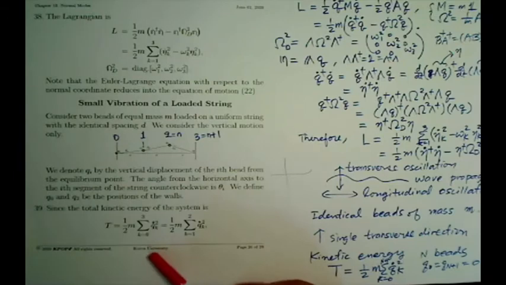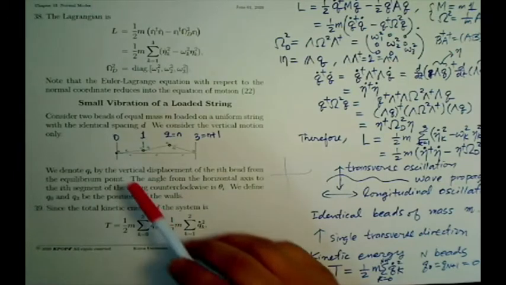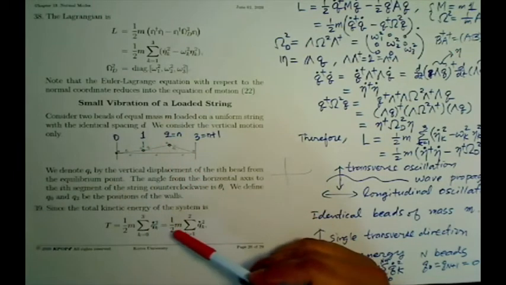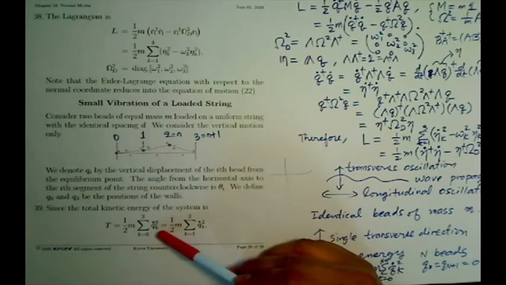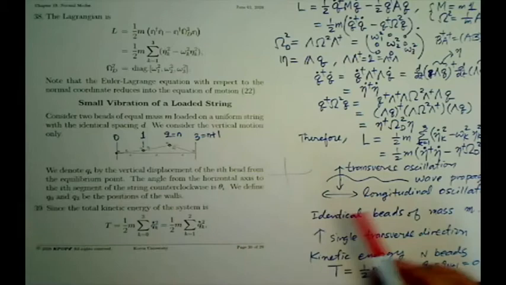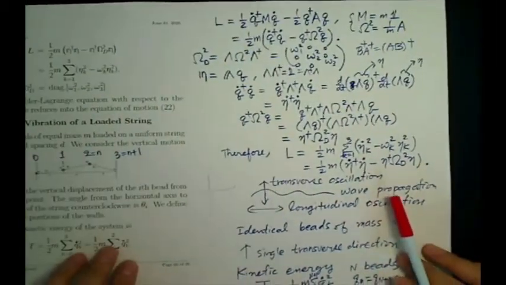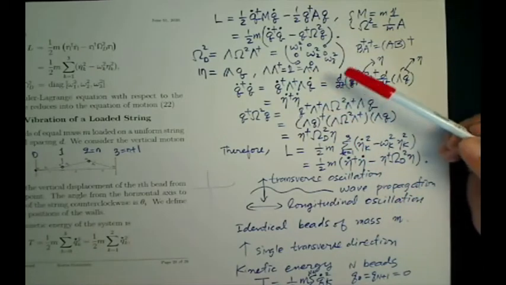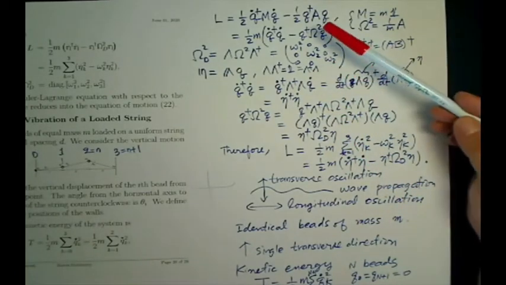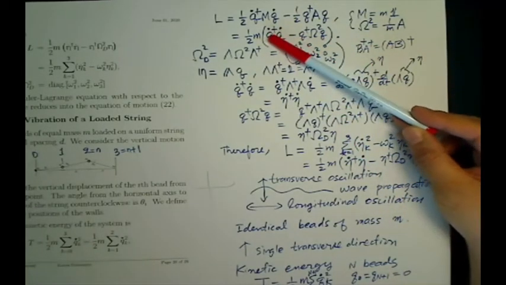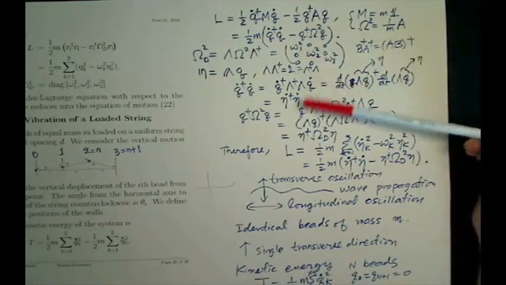In that case, the kinetic energy of the two particles is expressed in terms of a single coordinate for each particle. But just like what we have done already, the Lagrangian of the system can be expressed in such a way.